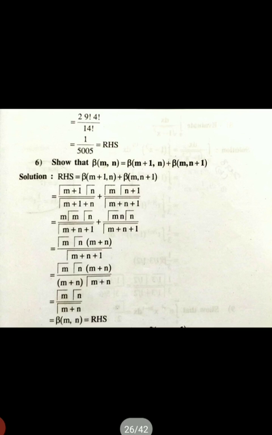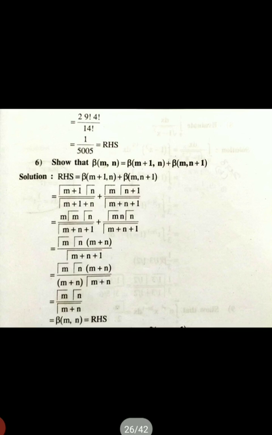Its previous term is m plus n. That's why I am applying m plus n gamma m plus n. Okay, now m plus n gets cancelled. The remaining part is gamma n into gamma m divided by gamma m plus n.